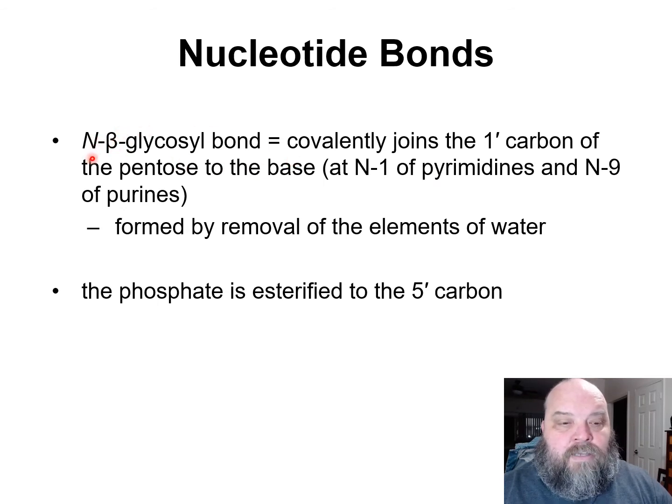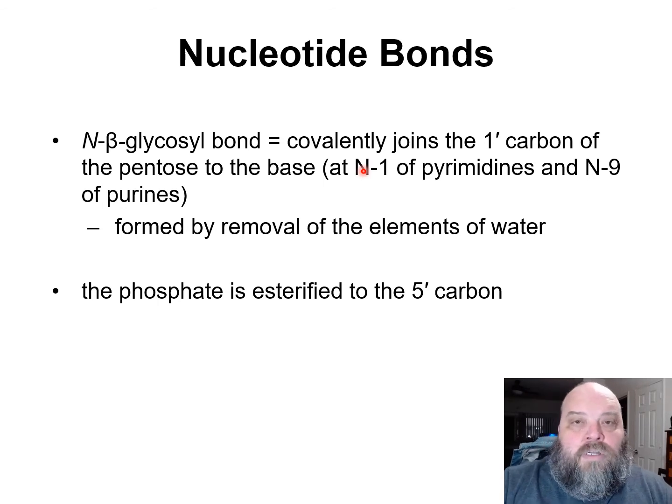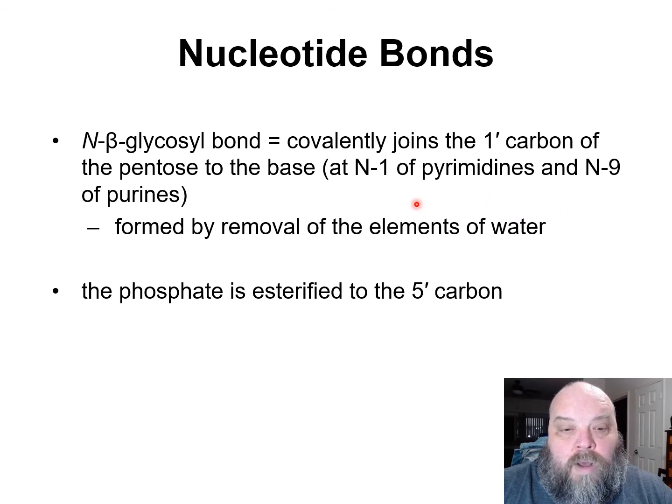The N, nitrogen, beta, glycosyl. Okay, this is telling you who's joined. So it's a nitrogen to carbon interaction here. It's formed by a dehydration or condensation reaction. Remove the water, and there you go.